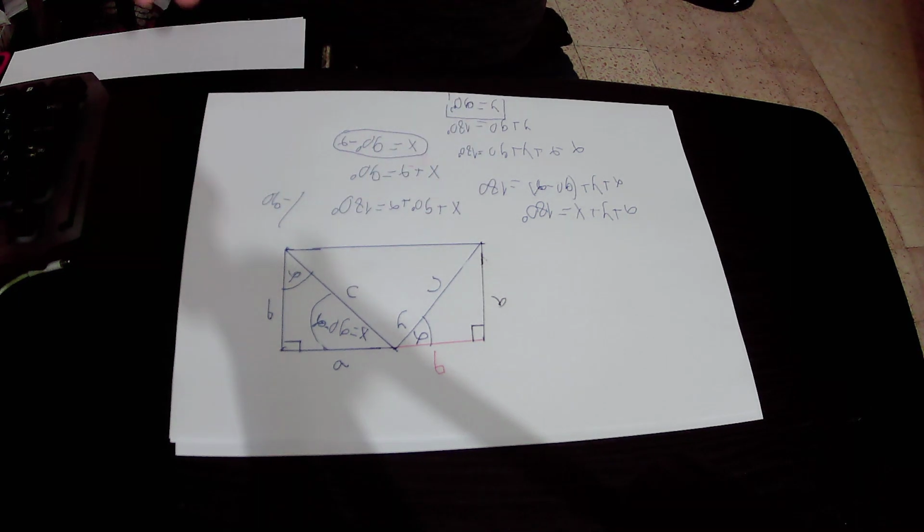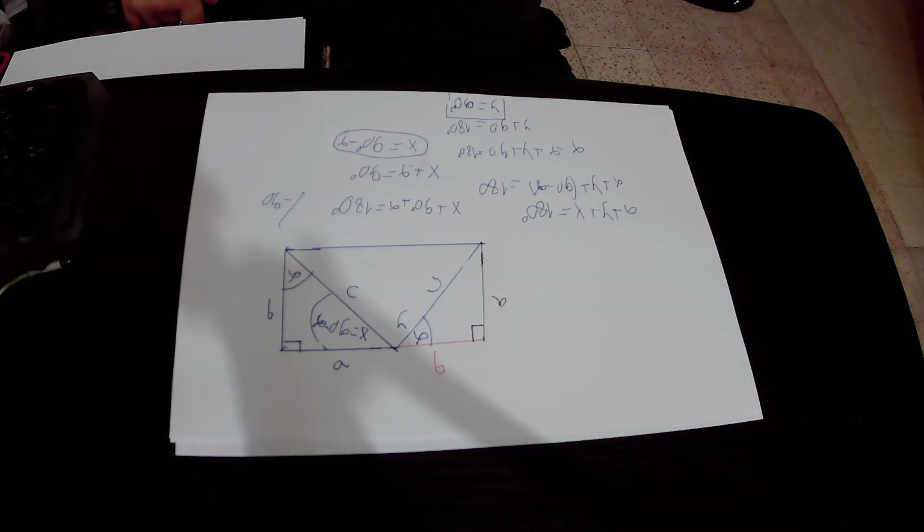This is a trapeze, and actually we will calculate the area of the trapeze in two ways, and then we will compare the two expressions. Of course, they are equal to each other. And in this way, we will prove the Pythagoras theorem.